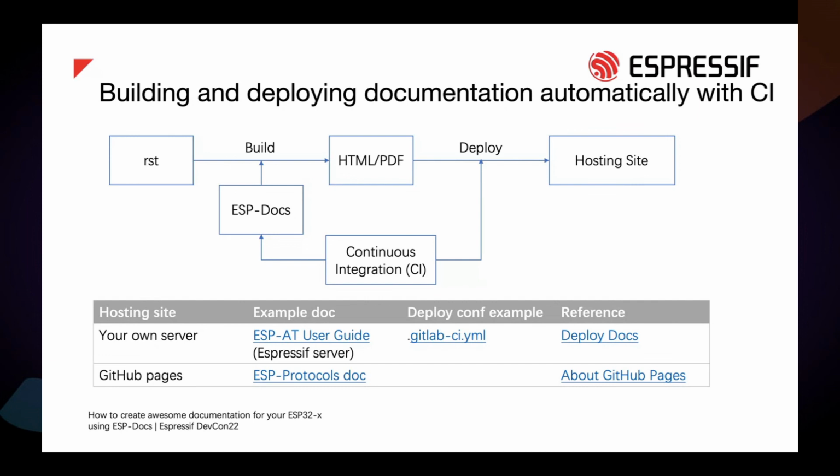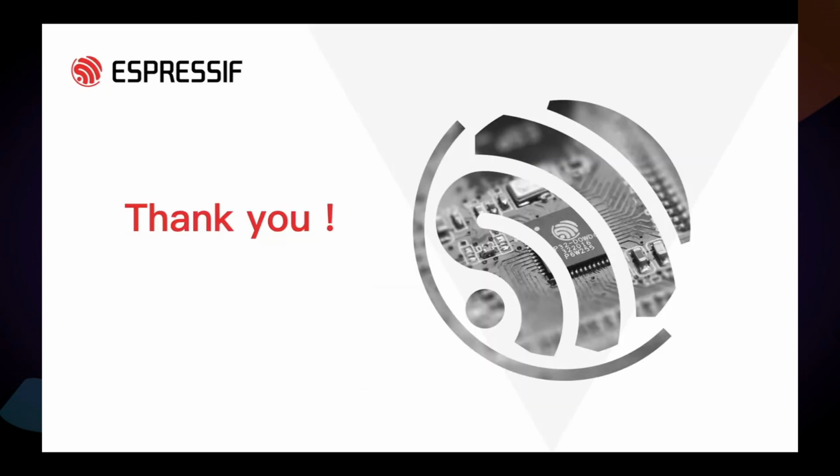And then we talked about how to build the documentation locally, and then how to build documentation automatically with CI, and also deploy the built documentation onto a server. So that's basically all about this talk. Thank you for watching.